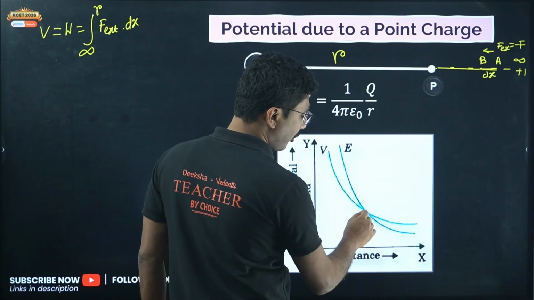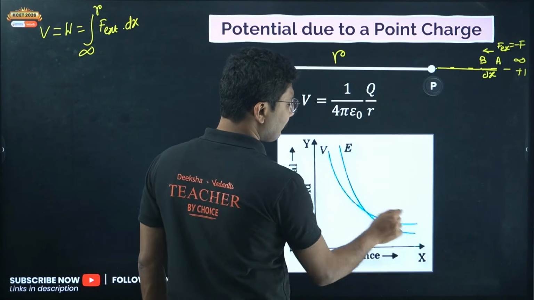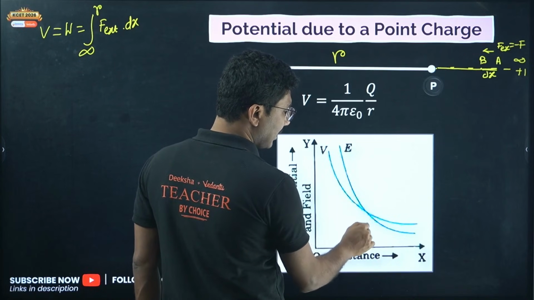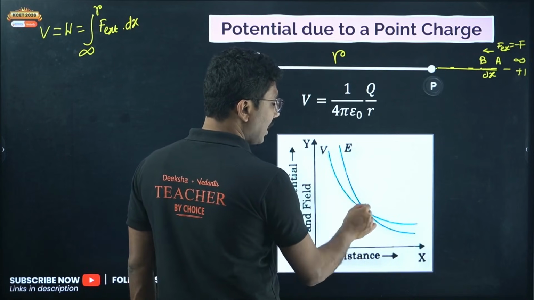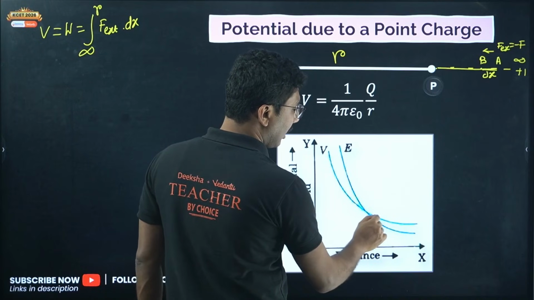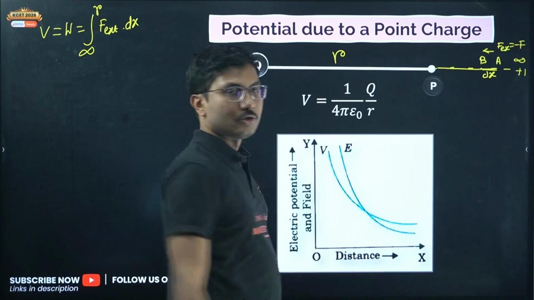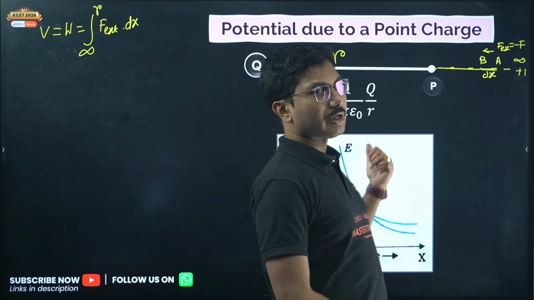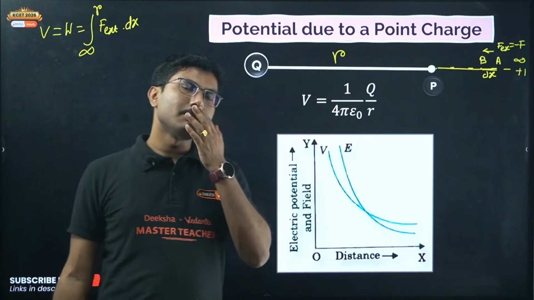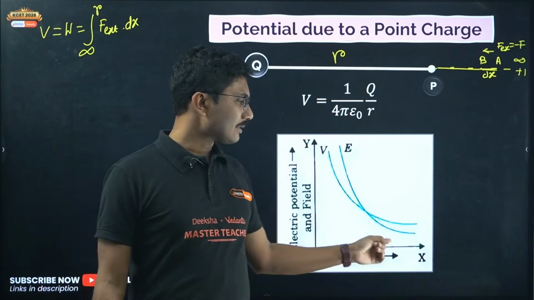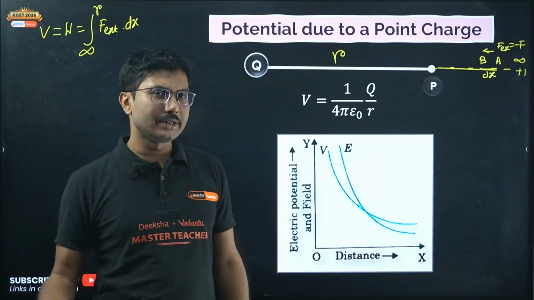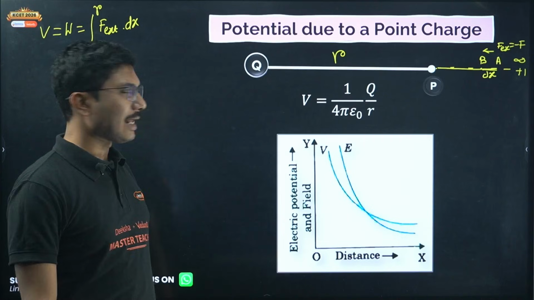So after this point, E falls faster than V. Up to this point E is more, at this particular point E and V are the same, and after this point V is more than E. Because E is proportional to 1 by r square, at smaller values of r, E is much more. But also remember E is a vector quantity and V is a scalar quantity, so there is a difference there as well.